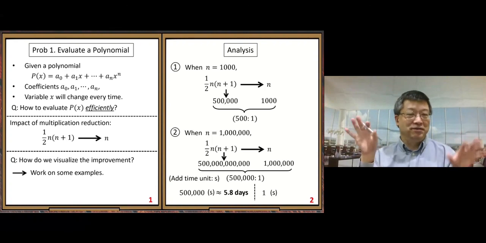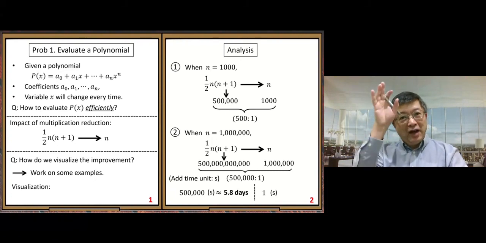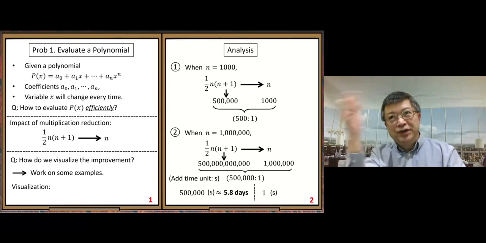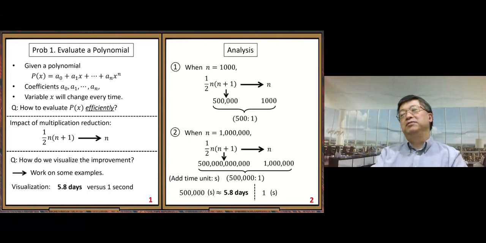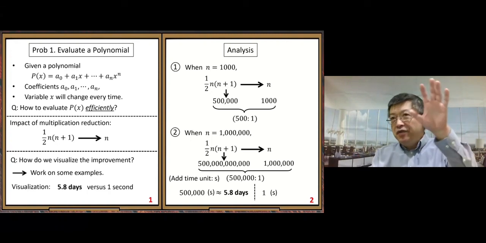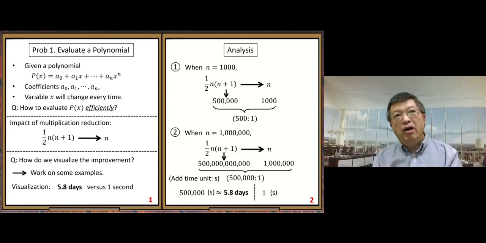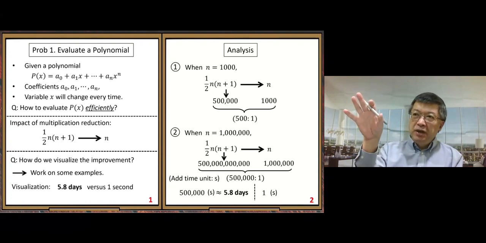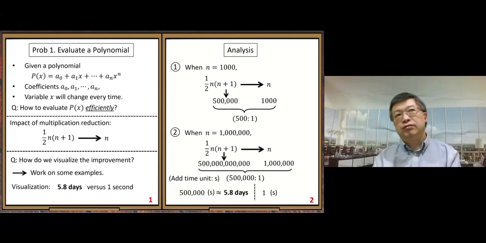Compare the difference. That's the huge difference. Our visualization is reflected by these two numbers: 5.8 days versus 1 second. Using this simple example, I want you to feel the power of algorithms, how powerful they are. Choosing a smart algorithm like Horner's rule, you get a 1 second response time.